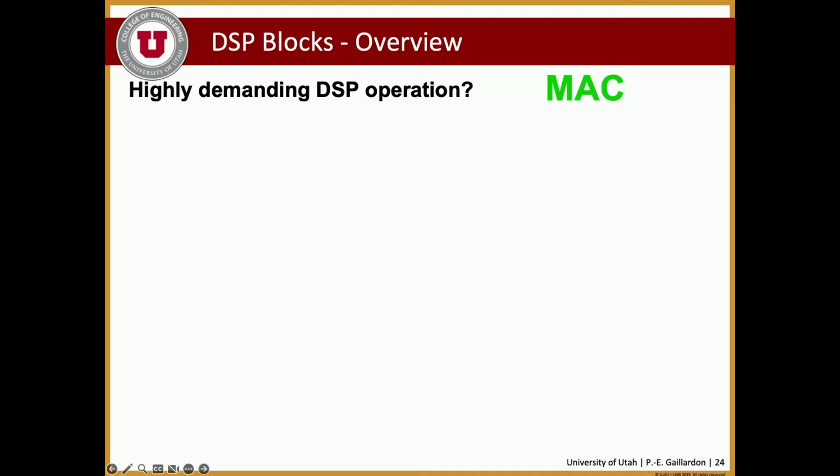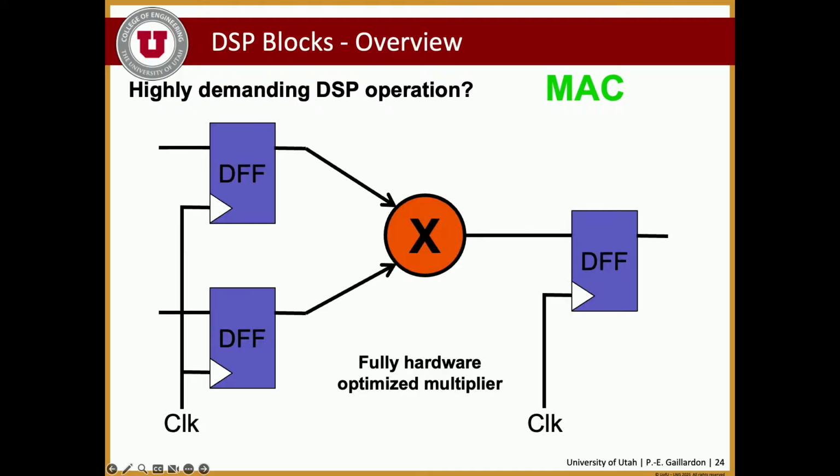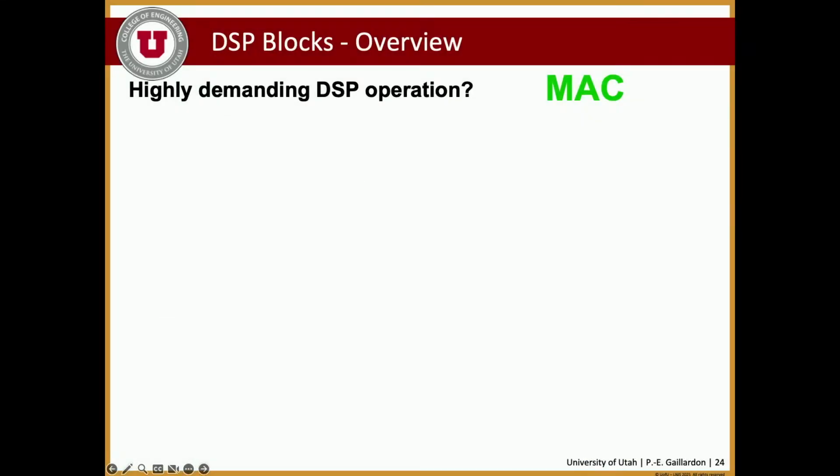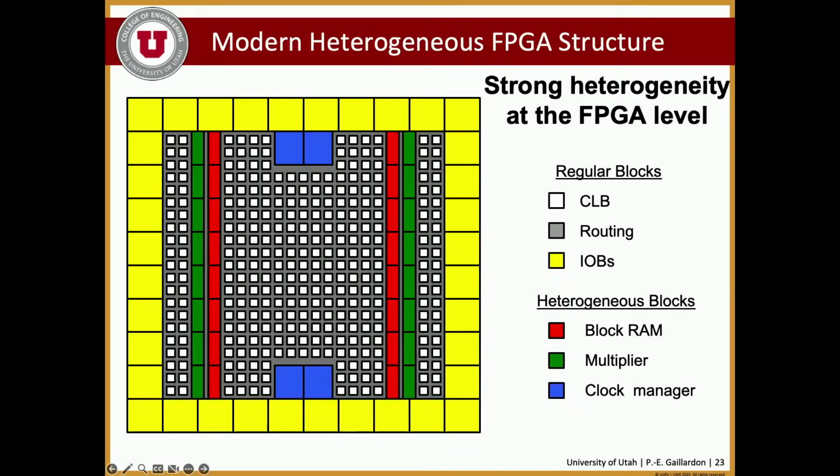So let's try to avoid that routing overhead and provide an actual set of dedicated operators, like in that case, just an optimized hardware multiplier with some flip-flops in front, to pipeline things correctly. And that's what we're going to put inside of our FPGA as the multipliers, DSP types of structures.